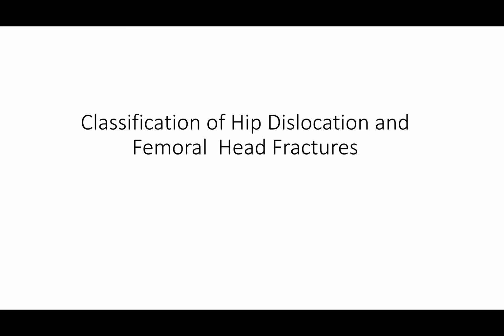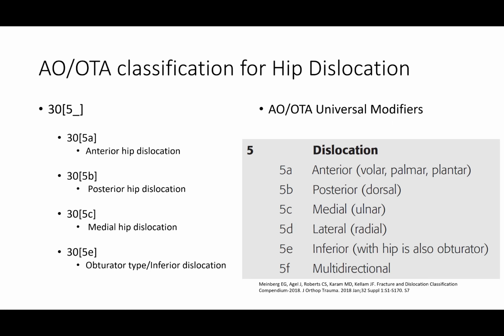We already covered the first part of the video in which we went through the anatomy, the blood supply, mechanisms, radiographic evaluation, etc. Now we're going to focus a little bit more on classification and also talk a little bit about indications. So there's an AO-OTA classification, and it is shown here.